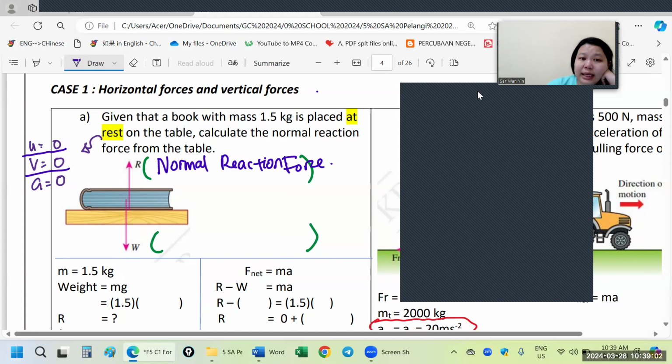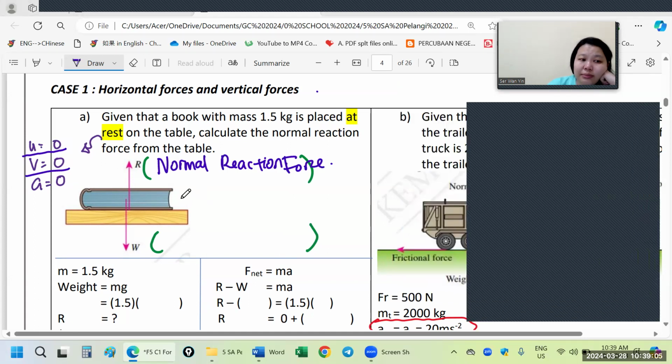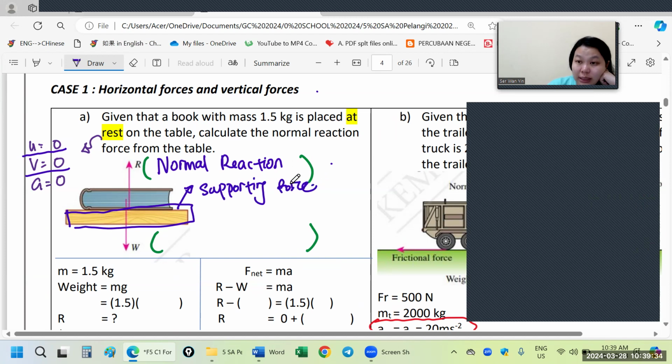Anyone can explain the meaning of normal reaction? Something placed on the solid, and this solid gives back supporting force. Actually, it is supporting force.